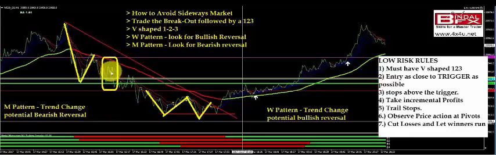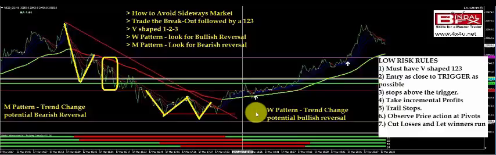So as you can see, this is a nice M pattern. And when you actually get an M pattern, I'm looking for a short trade, a W, I'm looking for a long trade. As simple as that. Your 1, 2, 3s must be V-shaped, or for short, it must be inverse V-shaped.